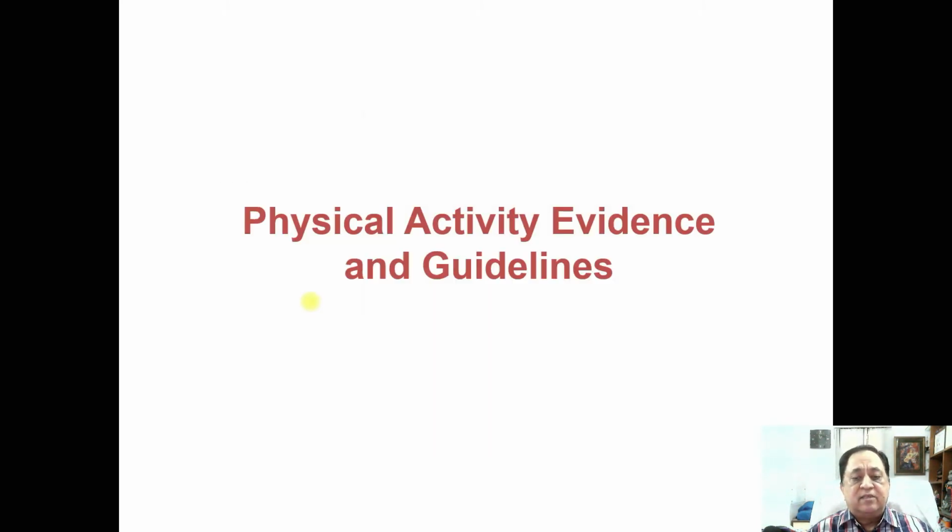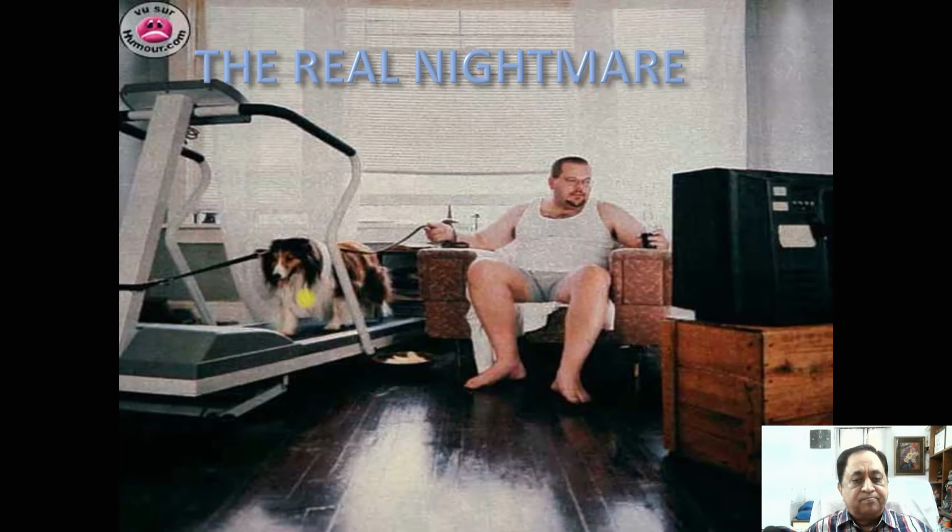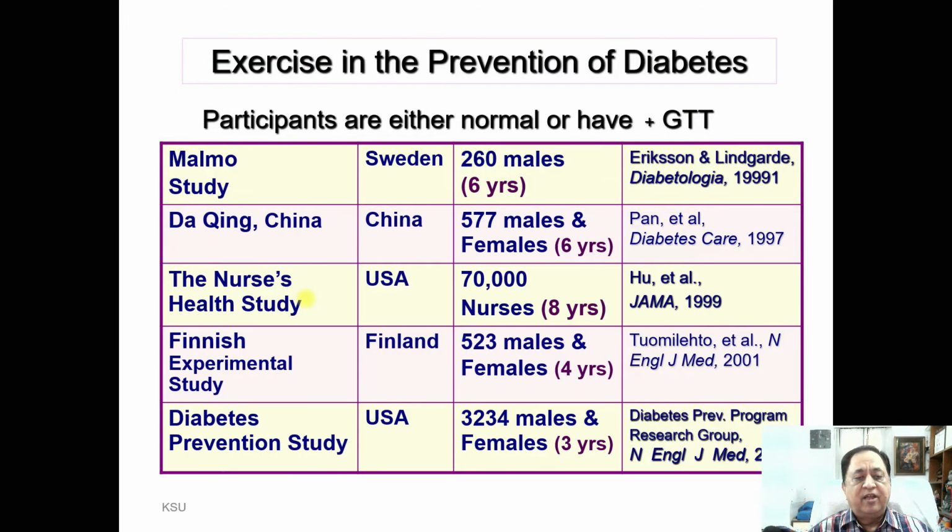So, physical activity. Now, this is another important component which I would like to continue with now. And this is the real problem. The way we are living today has no place for even thinking of physical activity as an important component of your life. Whereas in terms of scientific evidence, there is a plethora of papers published from across the globe with different ethnicities that physical activity is beneficial.